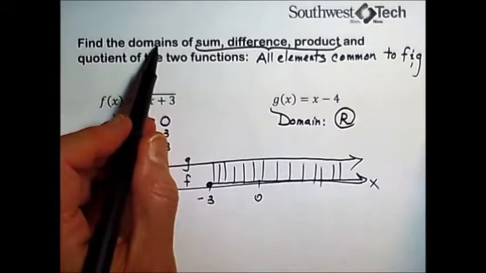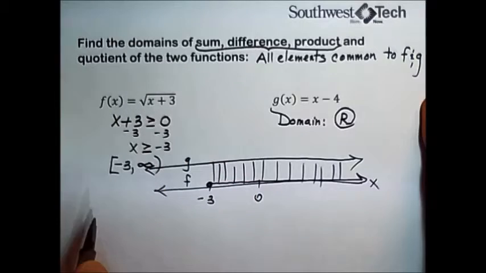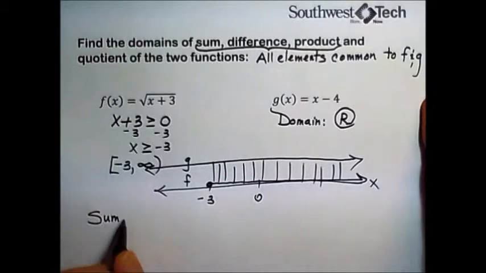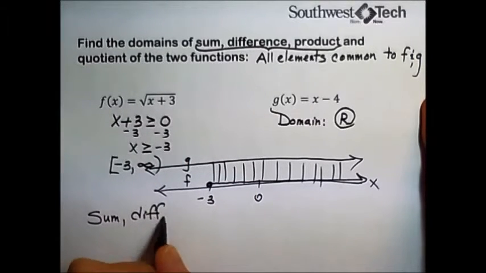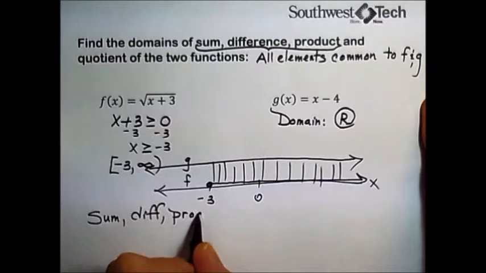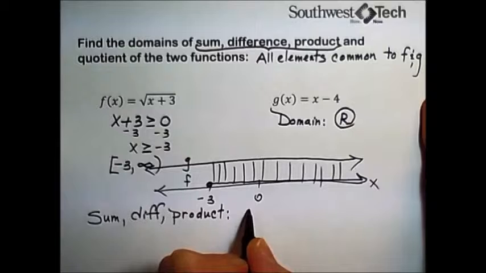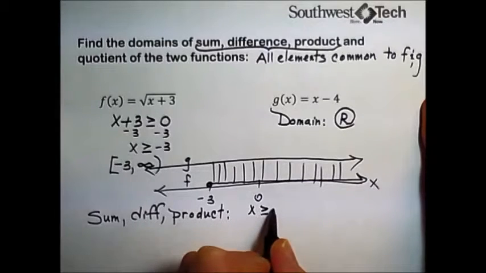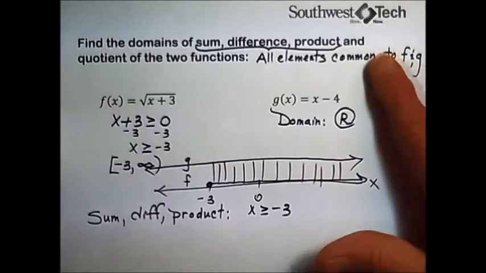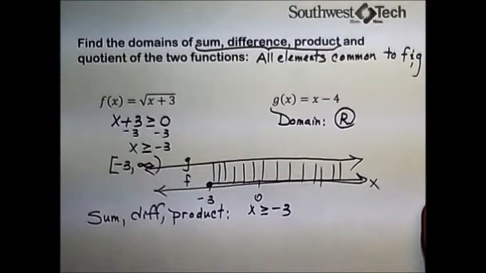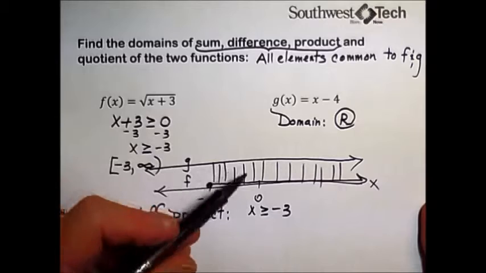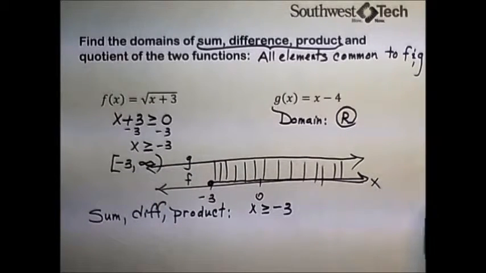So the domain of the sum, difference, and product will all be simply x greater than or equal to negative 3, which is again that common domain or values between the two functions.